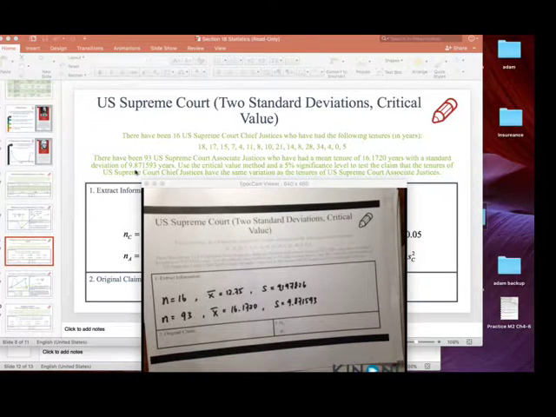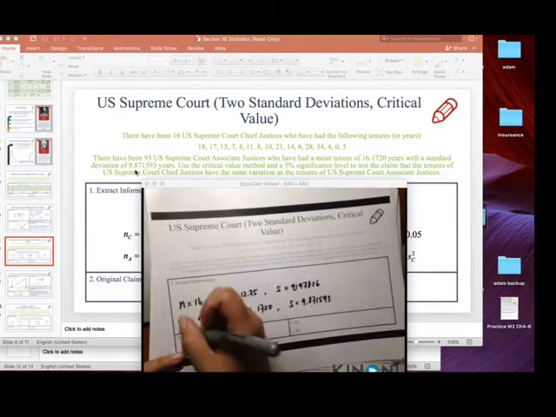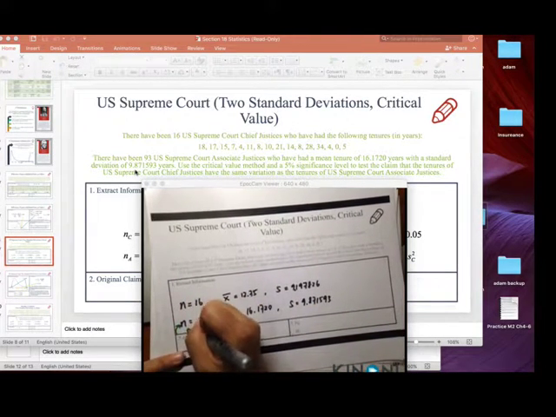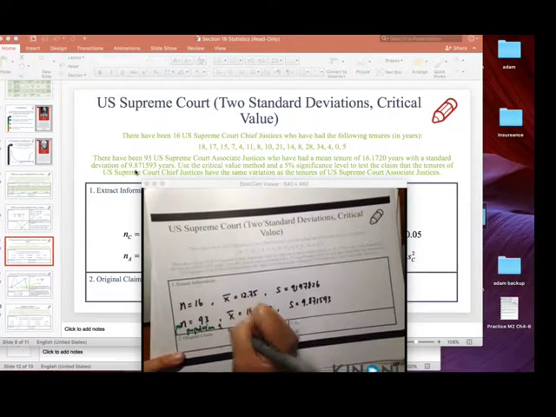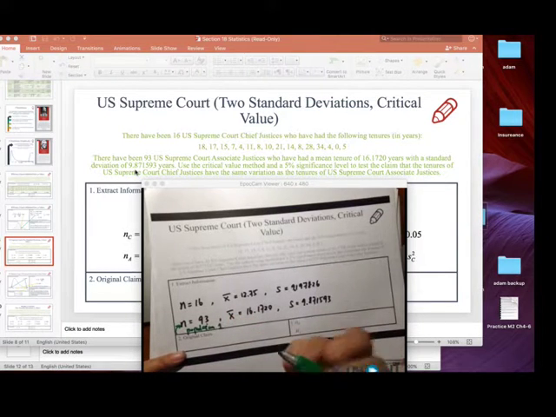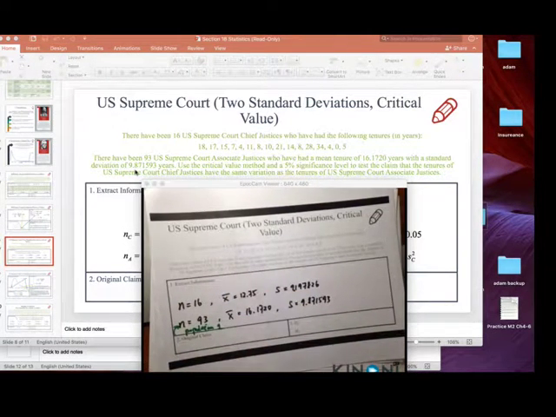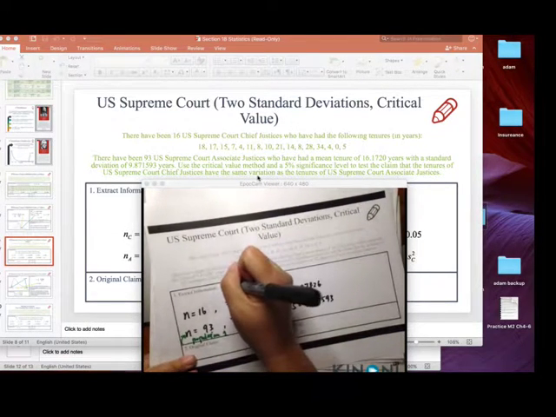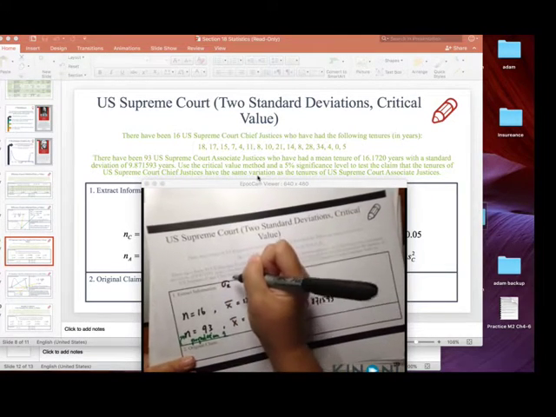Again, because I have the larger sample standard deviation, this is gonna be your population 1, and this guy is gonna be my population 2. And then we are working on testing the claim that the US Supreme Court chief had the same variation. So we are working on the variation. So now I'm gonna let the variance, okay?